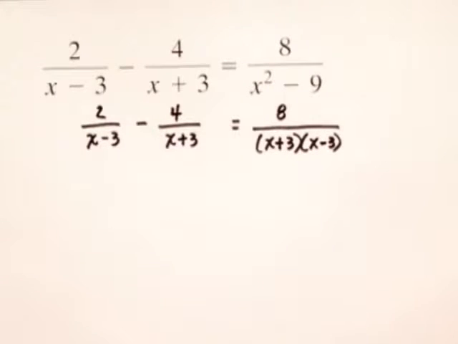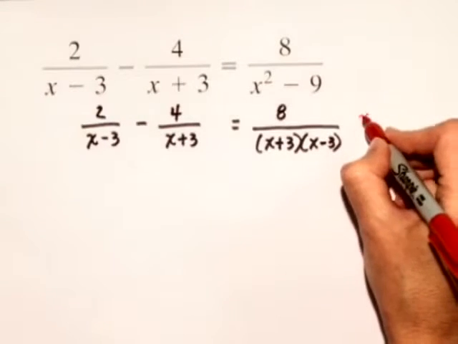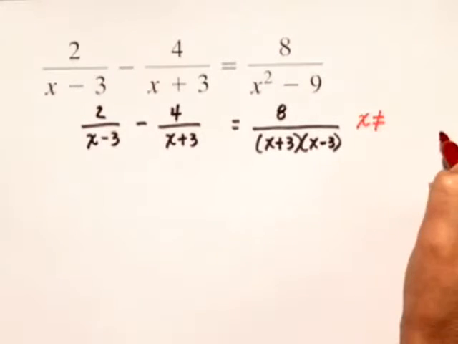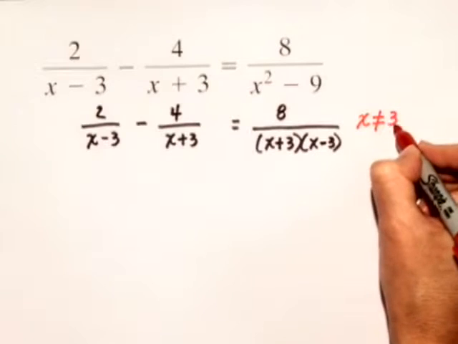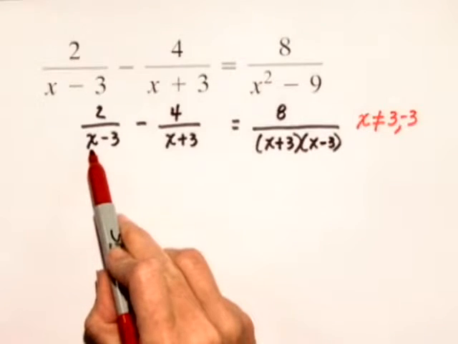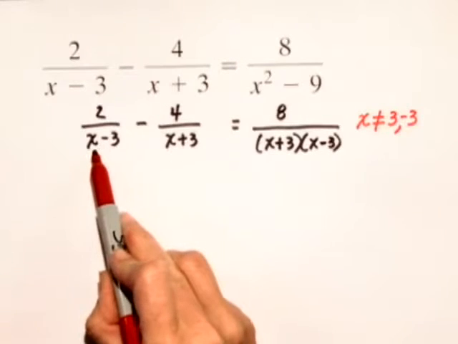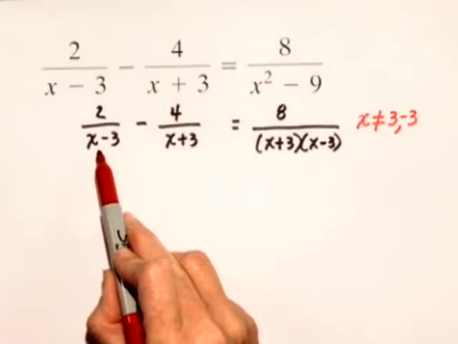But before we do that, since this is a rational equation, we want to take a look at the restricted values and determine any values that we cannot let x equal. In this case, we cannot let x equal positive 3 or negative 3, because if we let x equal positive 3, in our first fraction, 3 minus 3 would give us 0 in the denominator, and we cannot divide by 0.